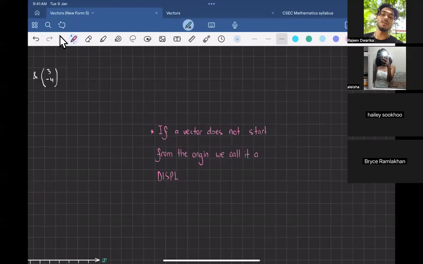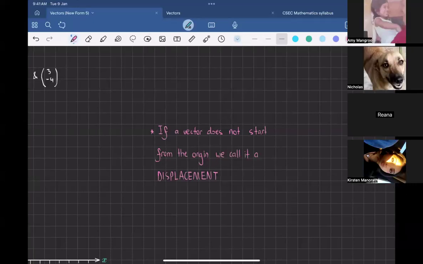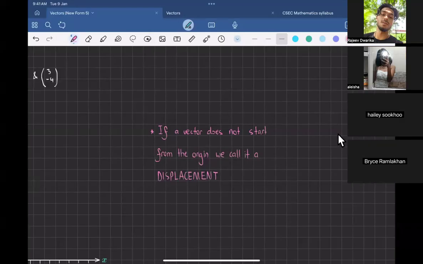If a vector starts from the origin, what will we call it? If a vector starts from the origin, that's 0, 0, we call it a position vector. So if it's not starting at the origin, we call it a displacement vector.